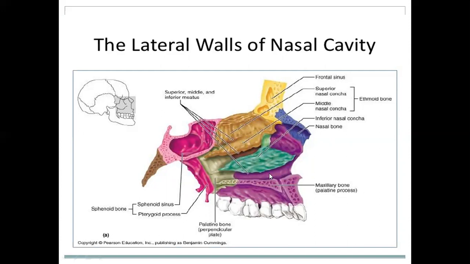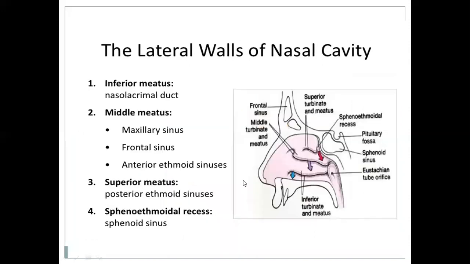The space below the inferior concha is the inferior meatus, and this inferior meatus receives the opening of the nasolacrimal duct.